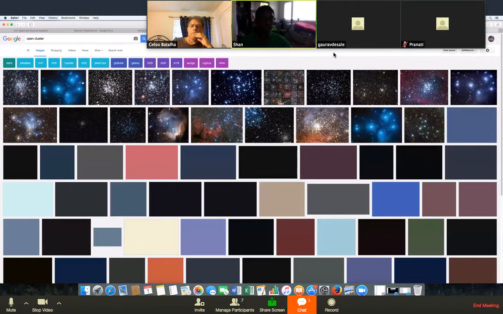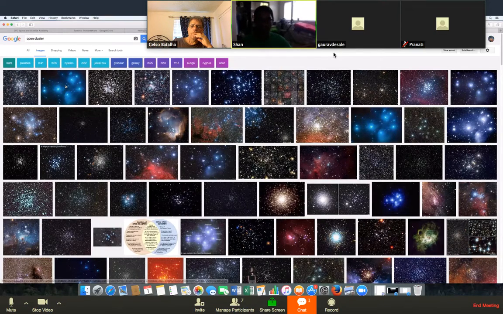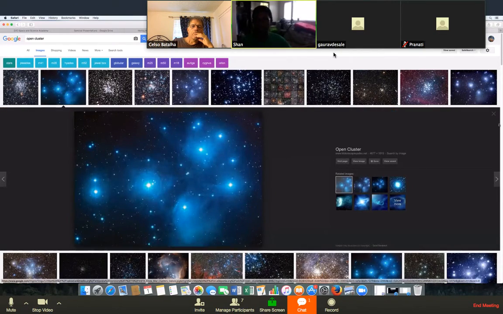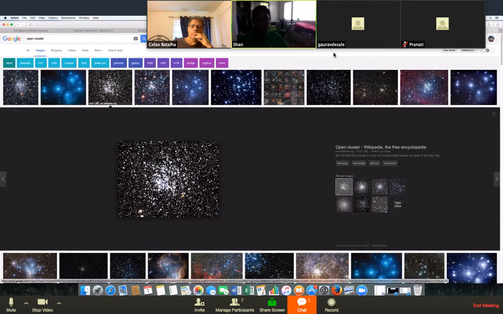So this is a picture of an open cluster. I think this is the Pleiades cluster. Yeah, it should be. There's a bunch of bright stars, and there's not a lot of them. Here, I think this should be a globular cluster. I have no idea why it's in the open cluster section.